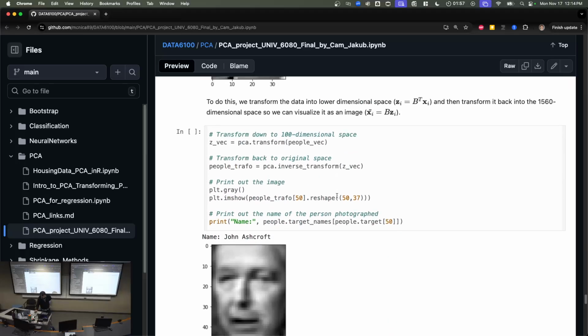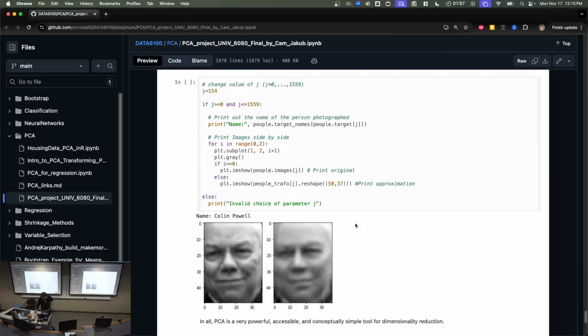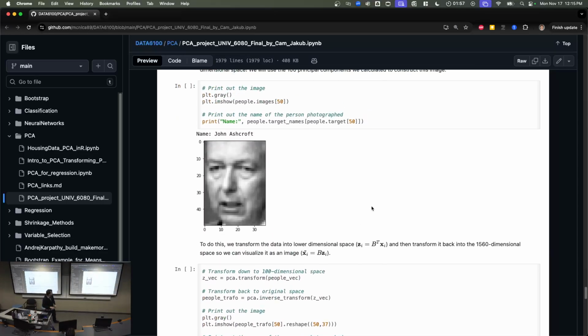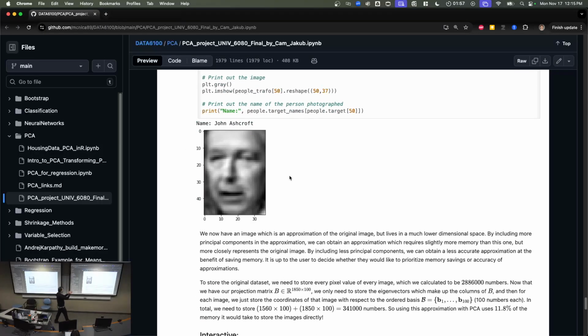And this is a 100-dimensional picture. This is an approximation of the original image, but it lives in a much lower dimensional space. We've included only 100 directions. And the point is this is compression, because instead of storing thousands of numbers in our computer, we can store only 100 numbers. So this is like a 10% compression, but the picture still looks pretty good.